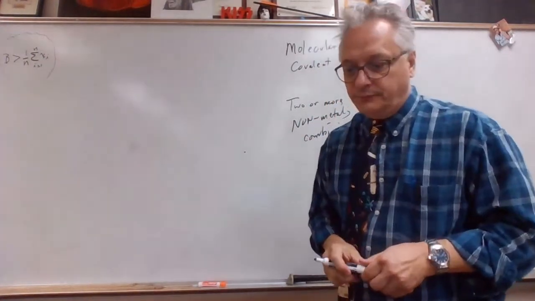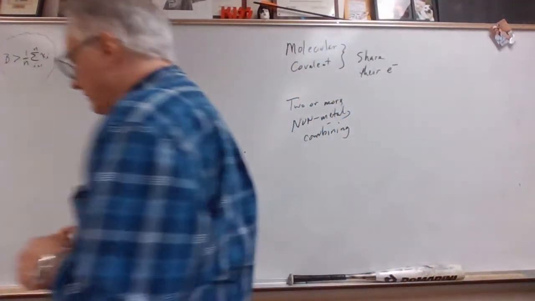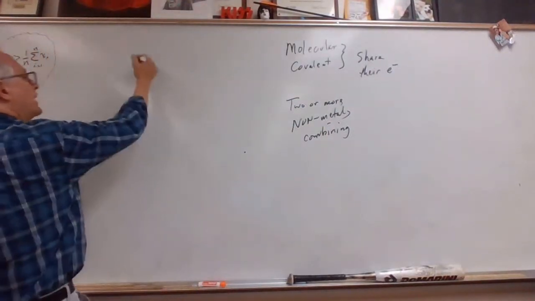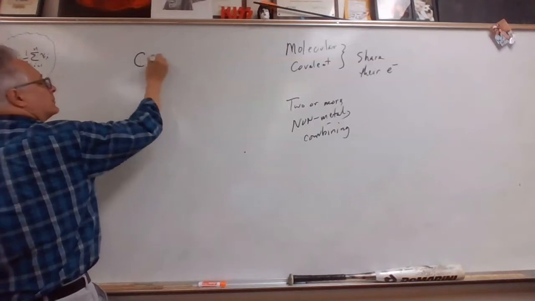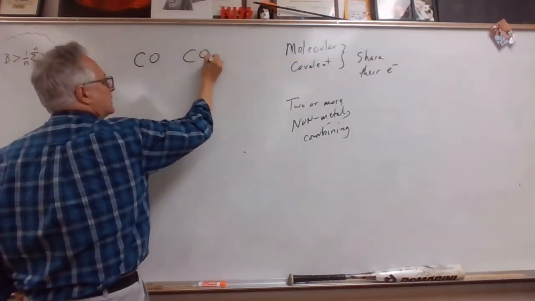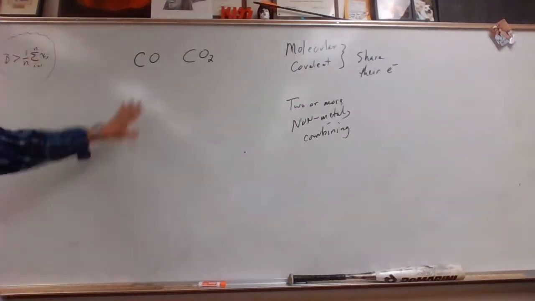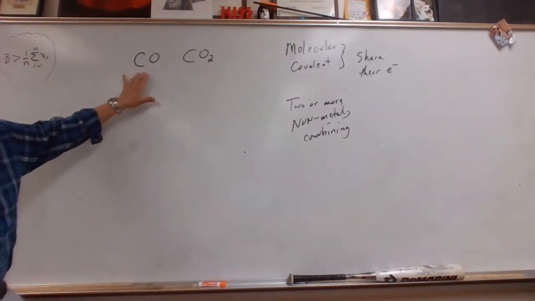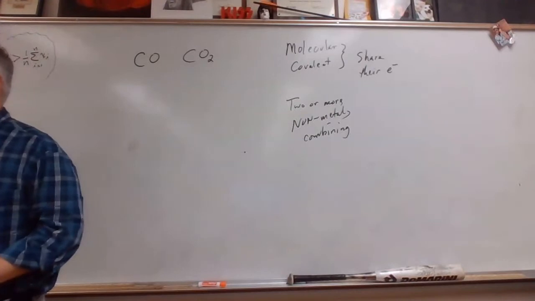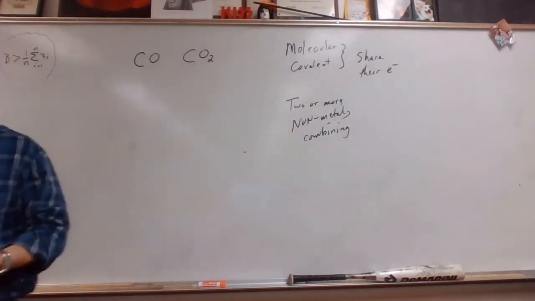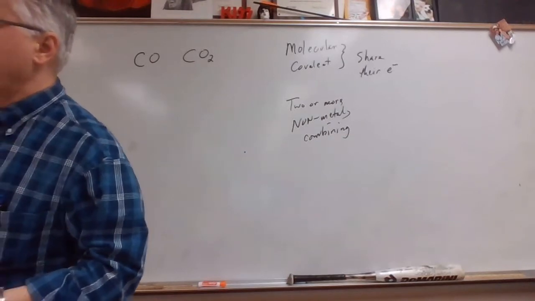Now, let me see if I can show you some examples. We can talk about different substances, and please notice that carbon is a nonmetal and oxygen is a nonmetal. And I have 2 different versions of how carbon and oxygen can combine with each other.